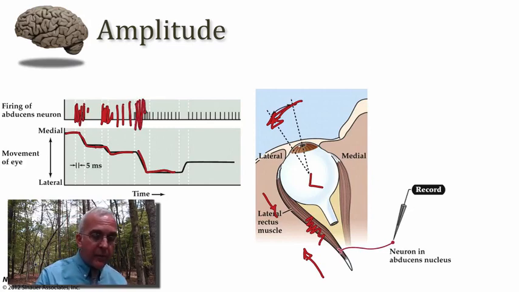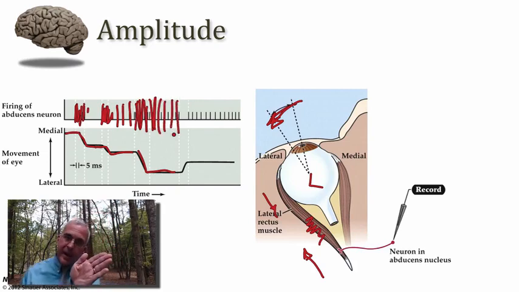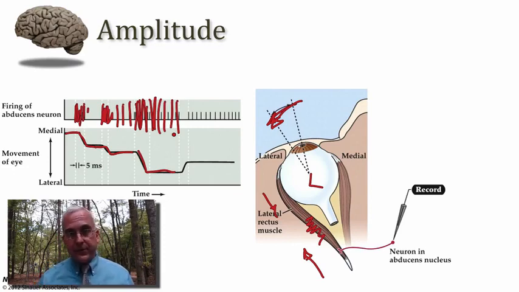Now another barrage of action potentials is needed, but so will a higher rate of sustained activity in order to keep that eye pulled off to the left. We need to contract that lateral rectus muscle in order to prevent the eye from being pulled back or relaxing back to its neutral position.